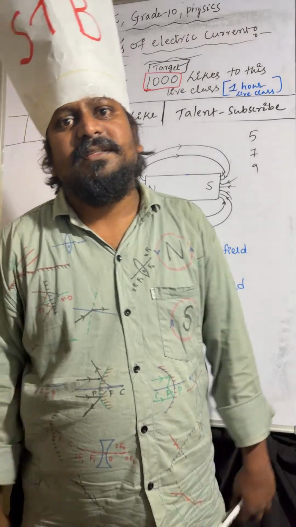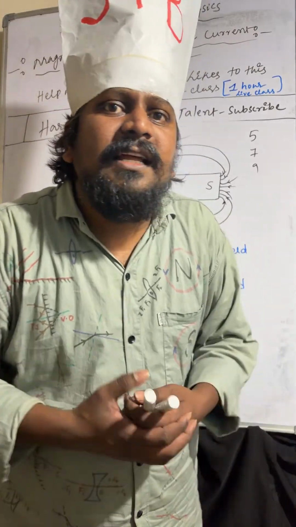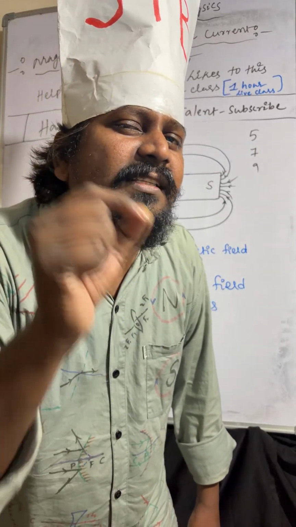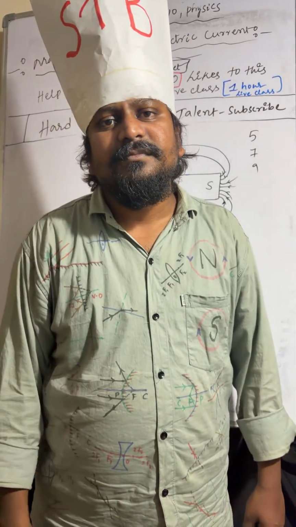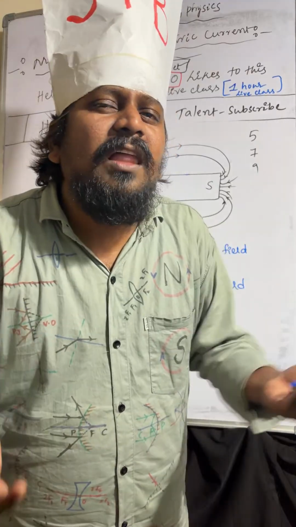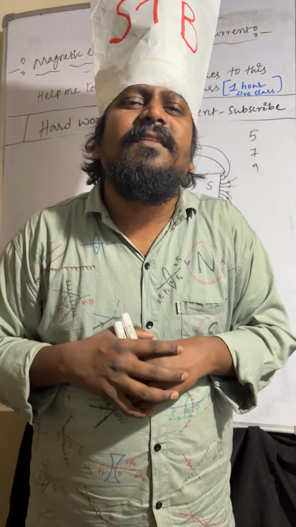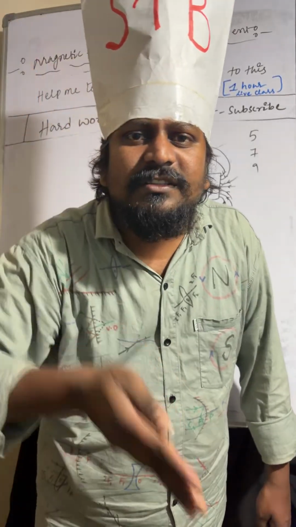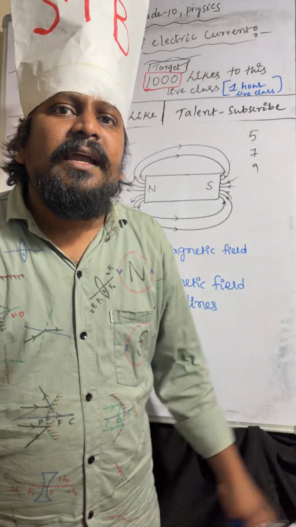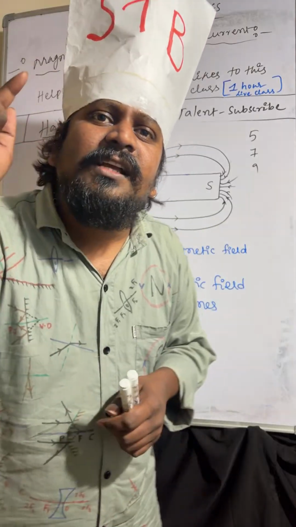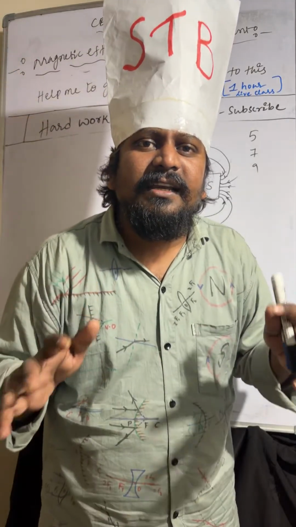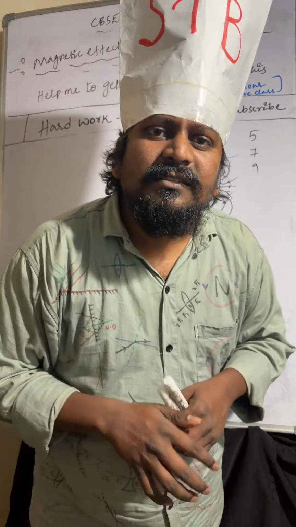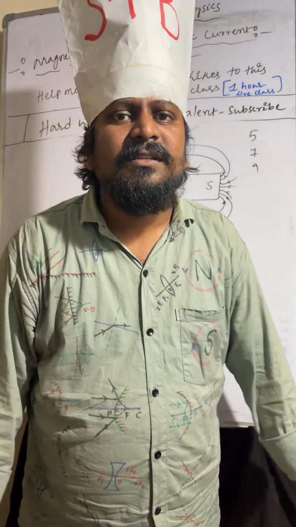Sir, what is a compass? A compass is nothing but a small magnetic needle present inside of it. It always shows north and south direction.